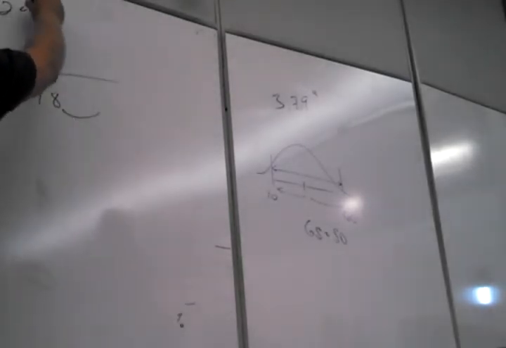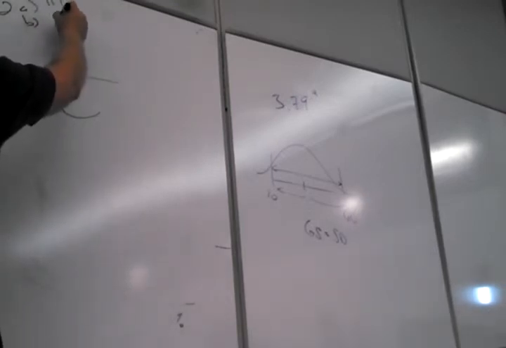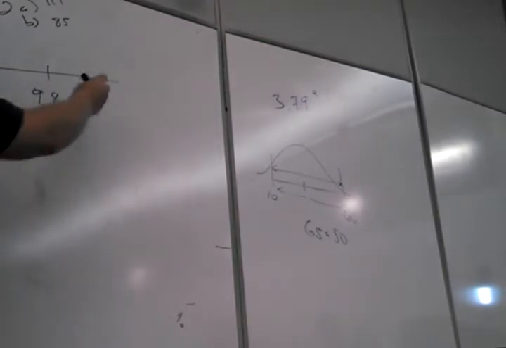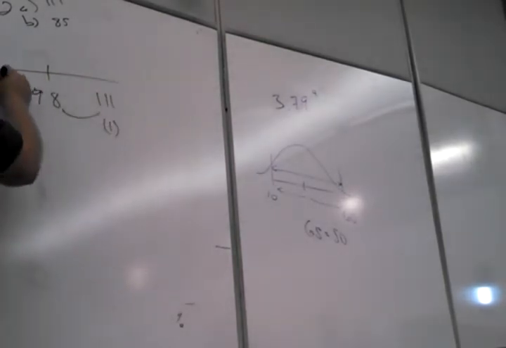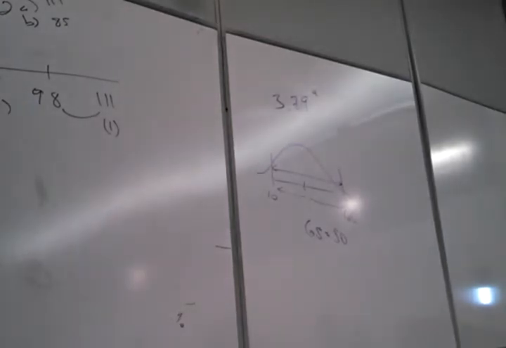In problem 2A and B, I had to figure out for 111 and 85. And we figured out that 111 had a z-score of 1, and 85 had a z-score of -1. Right? That's 2A and 2B. So that tells me it looks like this. Those are one step away, up and down, from the mean.